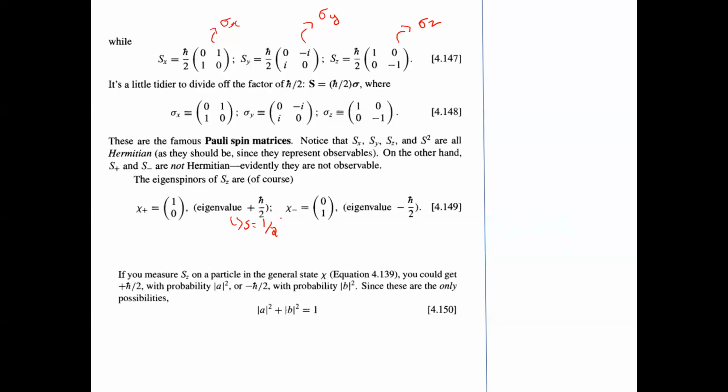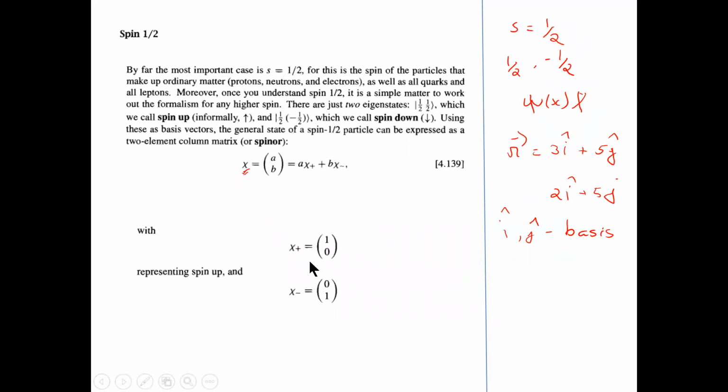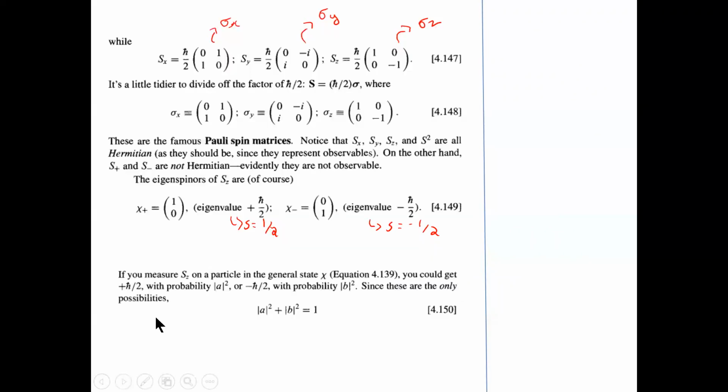This is for the s is equal to minus half case, the eigenvalue. Again, the ħ is absorbed into this eigenvalue just to make the equation simpler. This was the original assumption we started out with, the base vectors (1, 0) and (0, 1). Those will be the eigenvectors, the eigenspinors, of Sz.